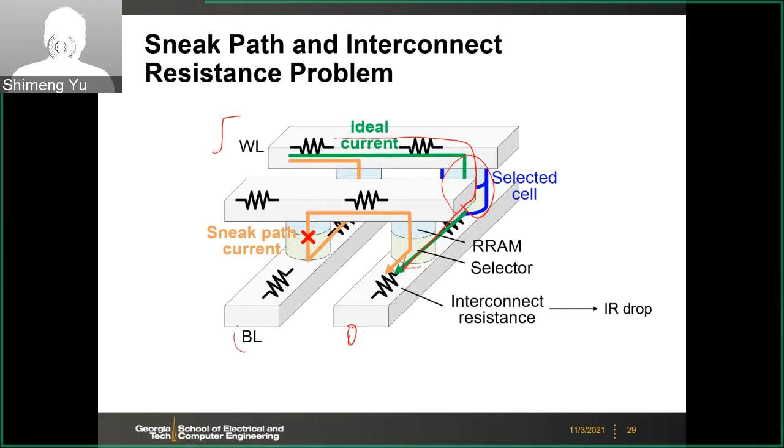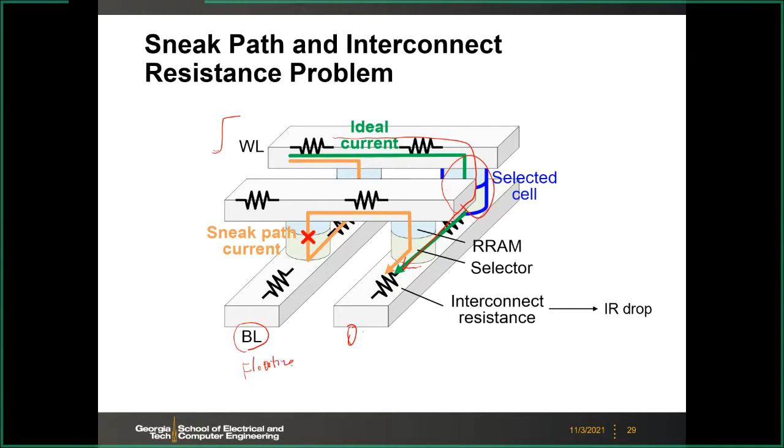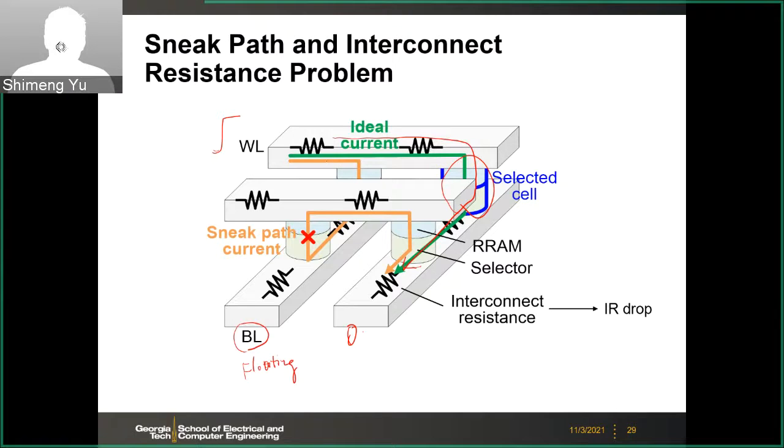But here, if the other bit line is floating, then you will have this kind of sneak path current. Because here still this is higher potential and this is lower potential, the current tries to find all the possible ways to sink to the ground.